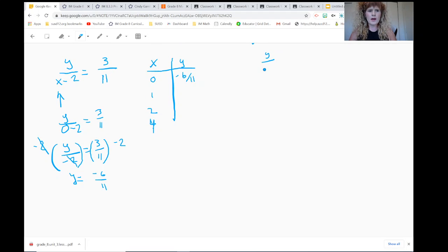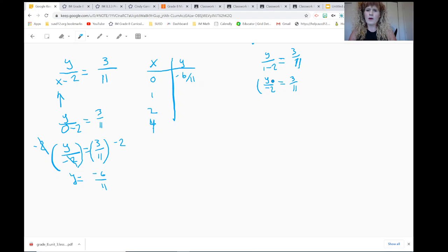Then we get y over 1 minus 2 equals 3 over 11, because I put in 1 for x. That's an 11 there. Okay, 1 minus 2 is negative 2. So I get y over negative 2 equals 3 over 11.